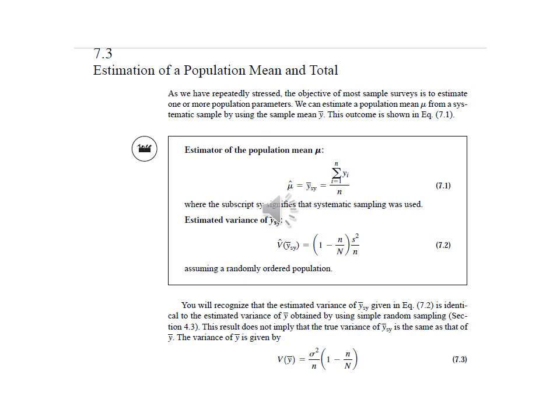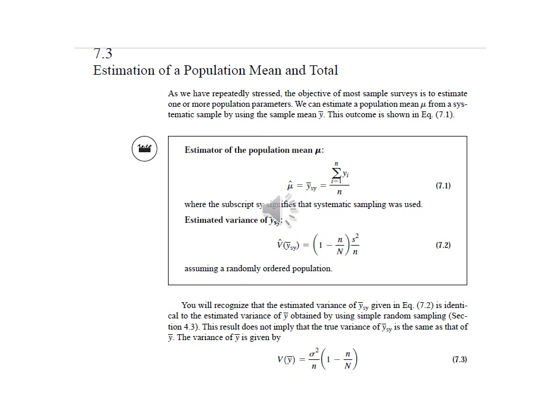As we have repeatedly stated in the simple random sample and stratified random sample, the objective of most sample surveys is to estimate one or more population parameters. We can estimate a population mean mu from a systematic sample by using the sample mean y bar.